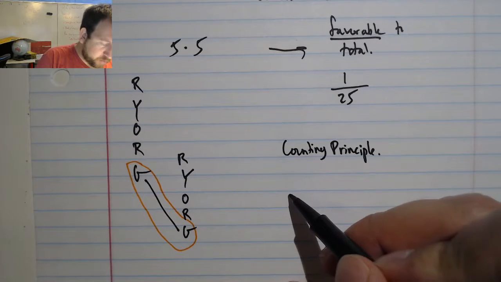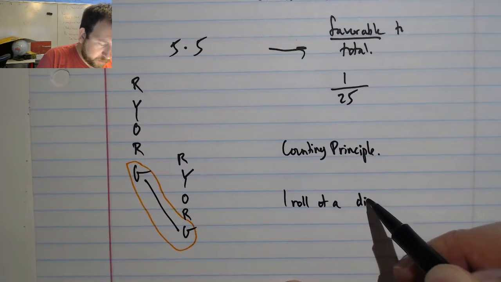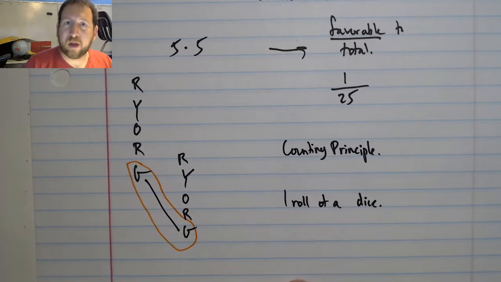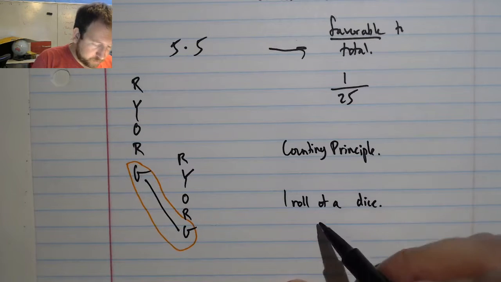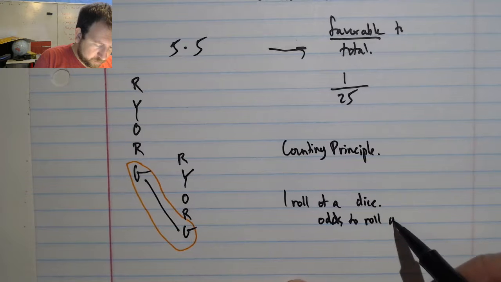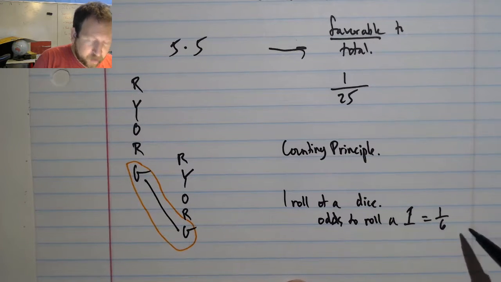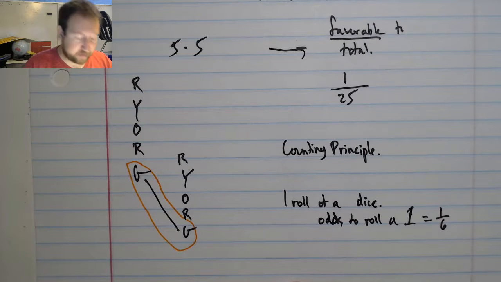For example, 1 roll of a dice. The odds to roll a 1 are still 1 in 6 because it's 1 out of the total 6 options.